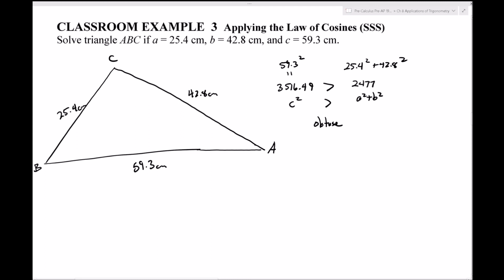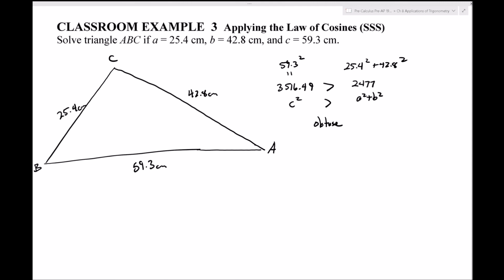In a side-side situation, it doesn't matter if you follow a particular rule. So the reason why that matters, sometimes you might want to use the law of sines to solve for an unknown angle. And if you're put in that position of solving for an unknown angle that happens to be obtuse, you're going to get the wrong angle when you use an inverse sine. Inverse sine on a calculator is designed to give you a negative angle between 0 and 90, or a positive angle between 0 and 90 degrees.